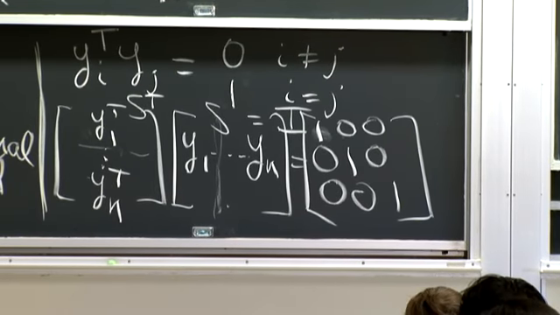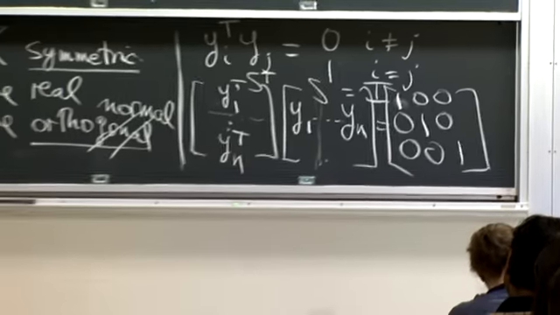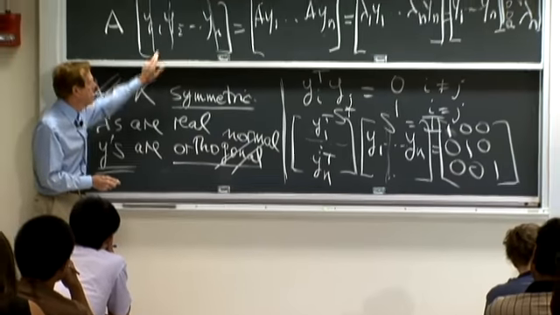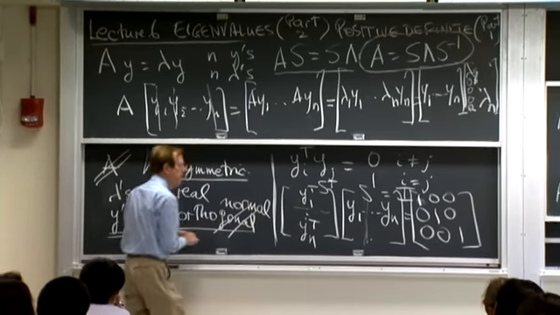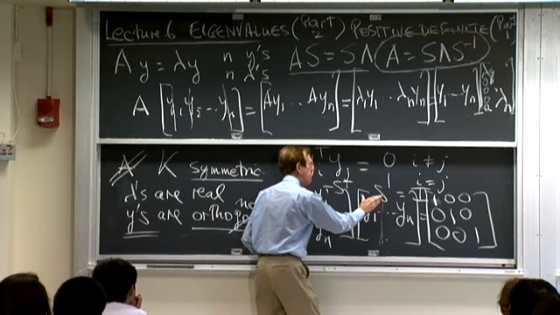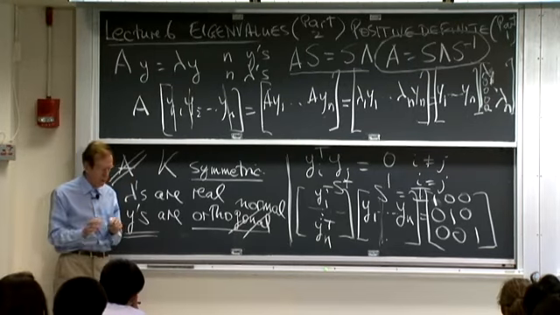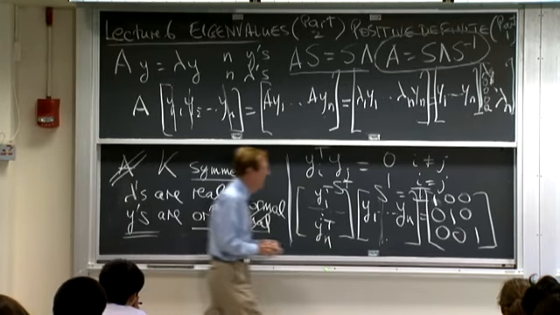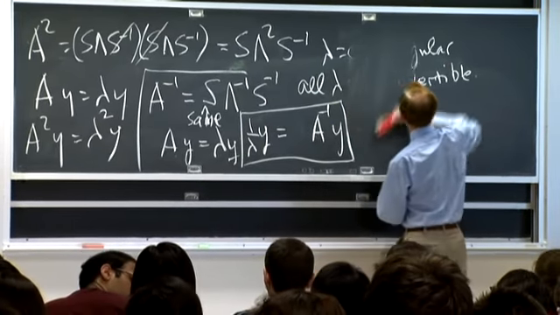In fact, that's important enough that I'm going to give an extra name to S, the eigenvector matrix, when it comes from a symmetric matrix, when it has S transpose times S equaling the identity. It's really a good matrix to know. And let's just focus on those guys. Okay, I can put that up here.